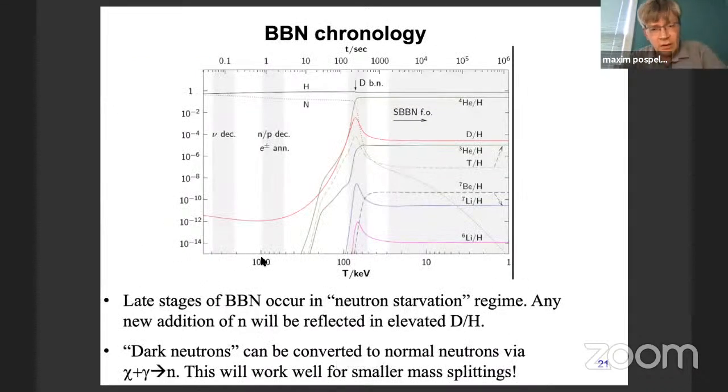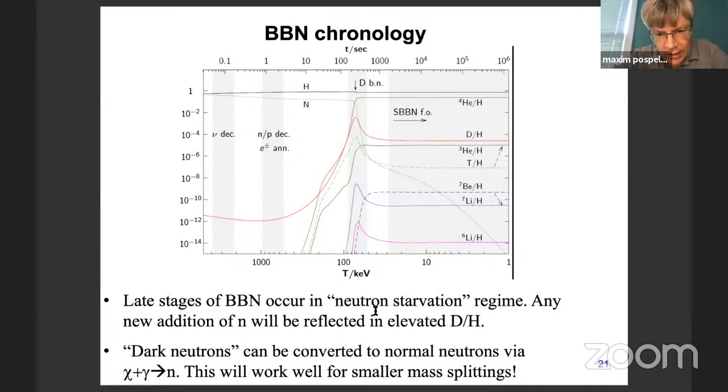So I just want to show a slide on Big Bang nucleosynthesis, where the universe evolves from, say, 0.1 second to 10,000 seconds, and in the course of it, helium-4, helium-3, deuterium, and lithium-7 are cooked up.